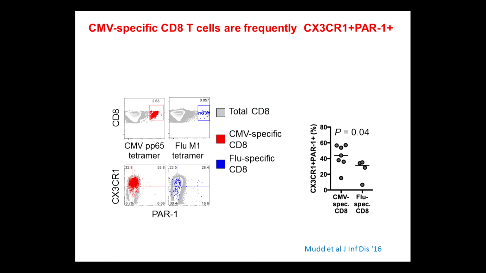And here we see the summary data in the entire population. About half or so of CMV reactive cells have a homing receptor on the surface that persuades them to bind to fractalkine that is expressed frequently on the surface of the endothelium. So this is a likely mechanism whereby these cells can get there, and once they're there, they express another receptor that allows them to be activated by thrombin.